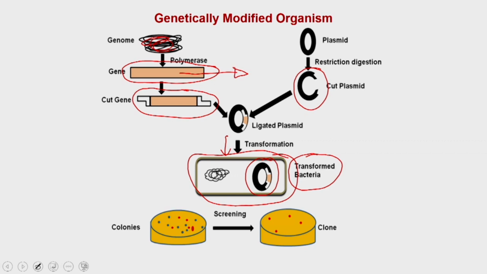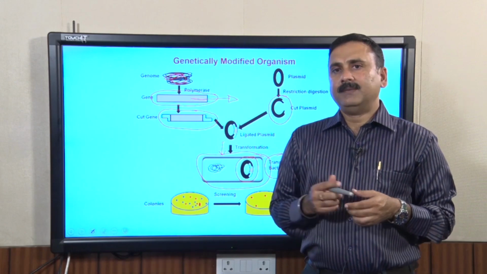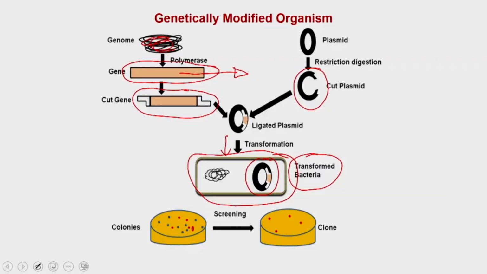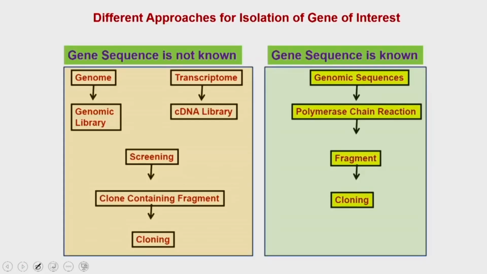Now, in today's lecture, what we are going to study is how to isolate this particular gene, and what are the different approaches one can use to isolate this gene under different scenarios. So, in biological science you have broadly two scenarios.